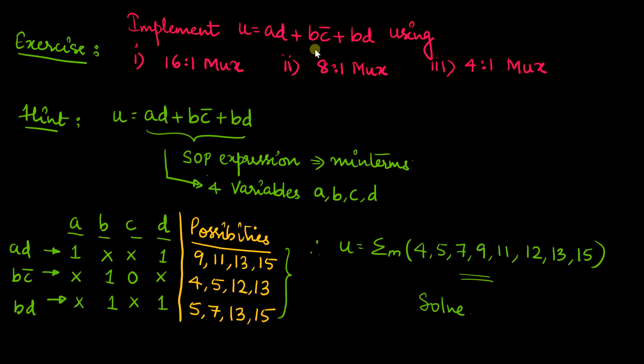Once you know the shorthand decimal notations for the minterms, you can use the Karnaugh map if you want to obtain the mux 8:1 and 4:1. But for a 16:1 mux, you can directly use the minterms and the data lines and represent and solve the numerical.